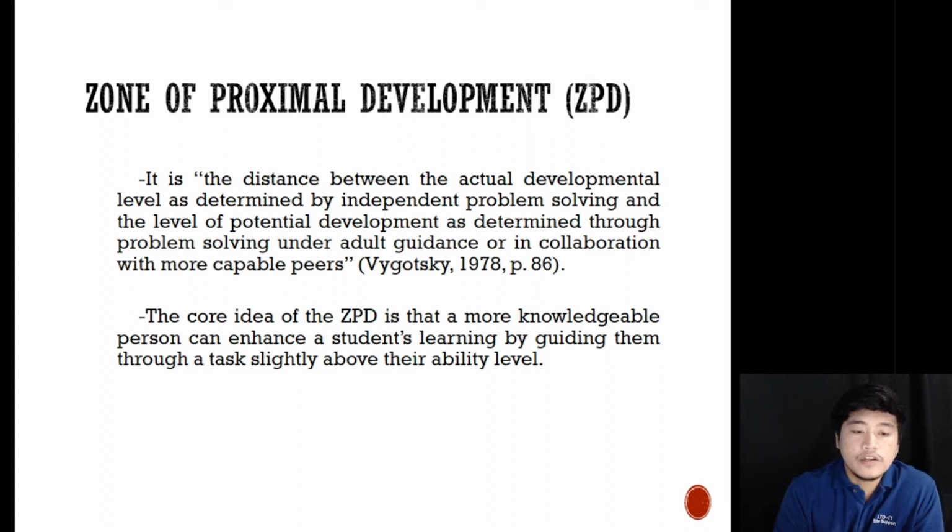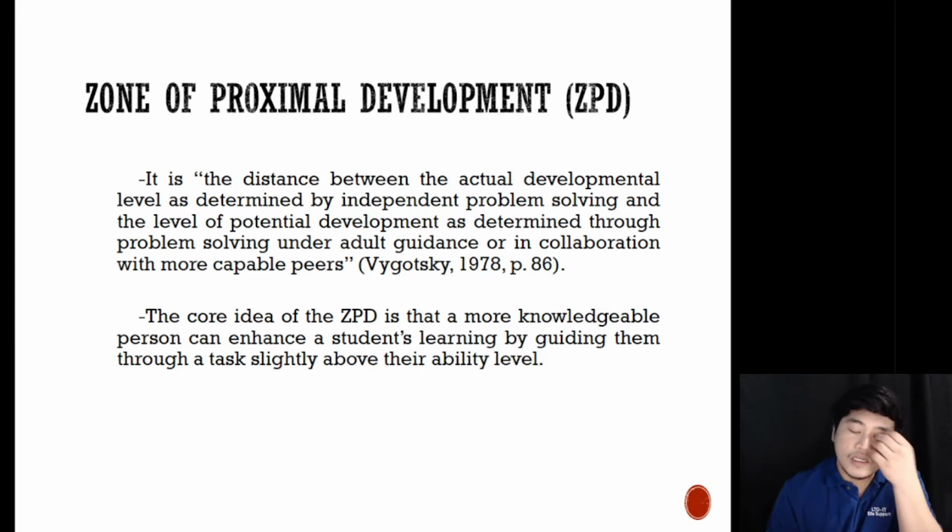So learners who are in the ZPD for a particular task can almost perform the task independently, but are not quite there yet. But with the help of a more knowledgeable other, or more knowledgeable person, they will be able to perform the task successfully.